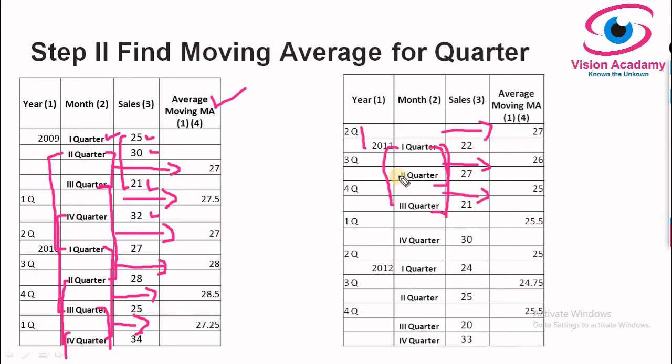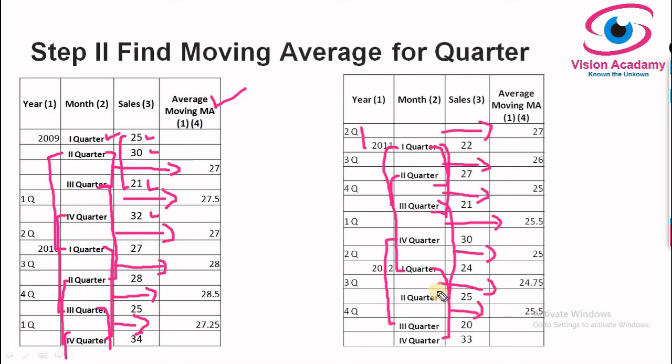For each next calculation we have considered these 4 observations and inserted the average here, and for the last observation we considered these 4 data and inserted the moving average here.